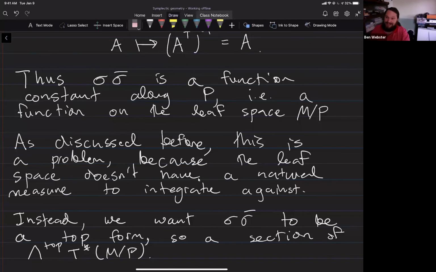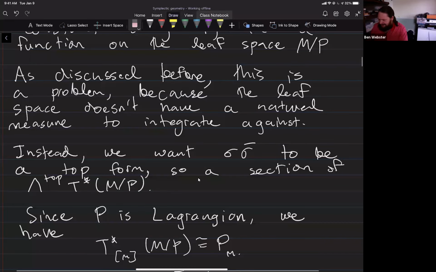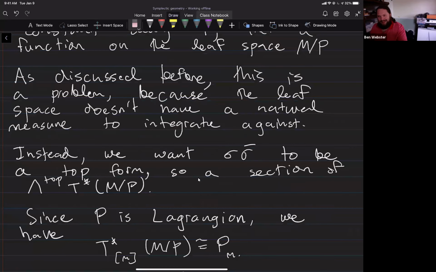The difference with being a density is I don't even need to have an orientation to integrate a density, but we'll see that in a minute. It'll sort of come out naturally. So I somehow want sigma to involve some kind of square root of this top form bundle.